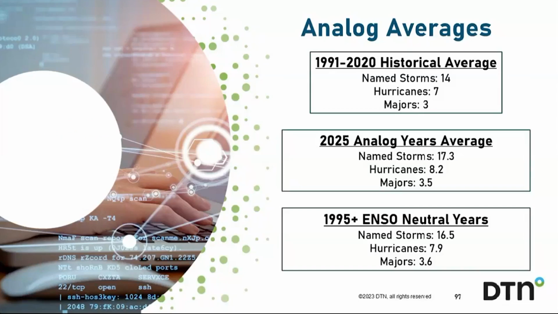ENSO neutral years, overall average 16.5 named storms, 7.9 hurricanes, 3.6 major hurricanes, while our 2025 analogs, which includes 2012, average just over 17 storms, just over 8 hurricanes, and 3 to 4 major hurricanes. So analogs suggest the probability of a slightly more active season than usual.